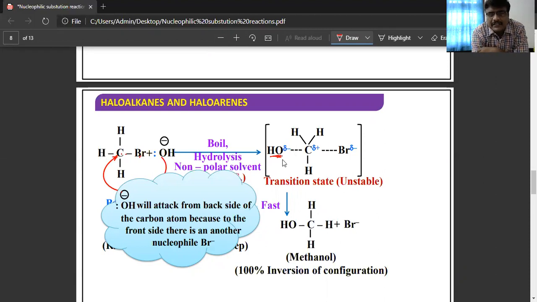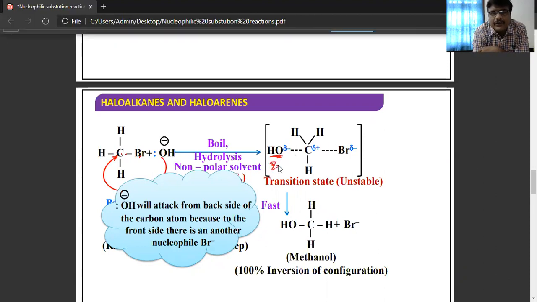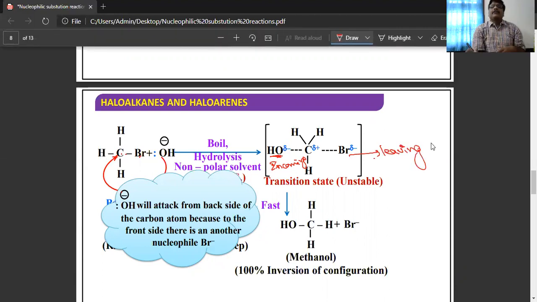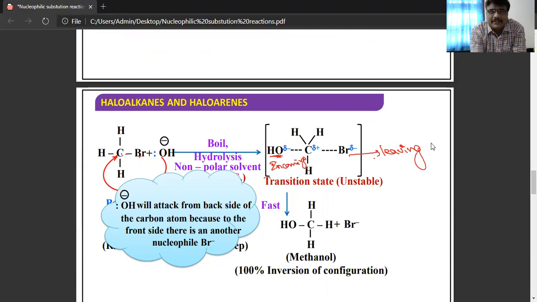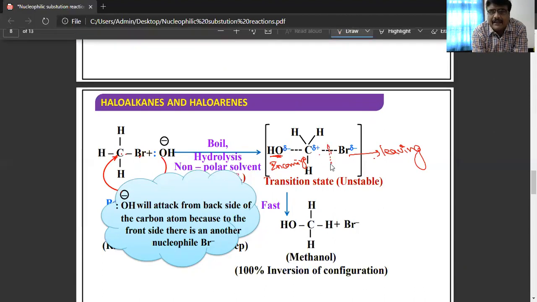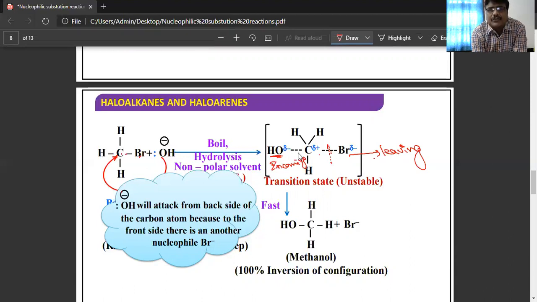The OH minus ion is the incoming nucleophile and the bromide ion is the leaving nucleophile. Ultimately, the carbon-bromine bond gets weakened and the carbon-OH bond becomes strong.